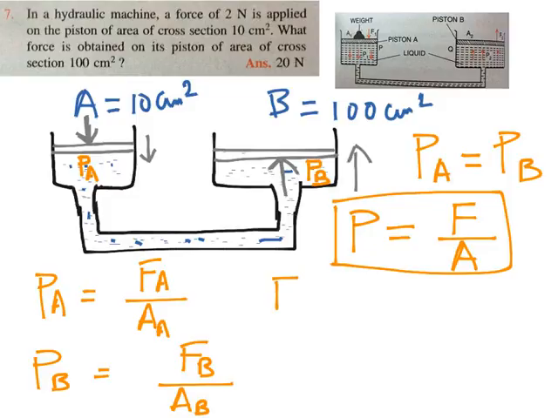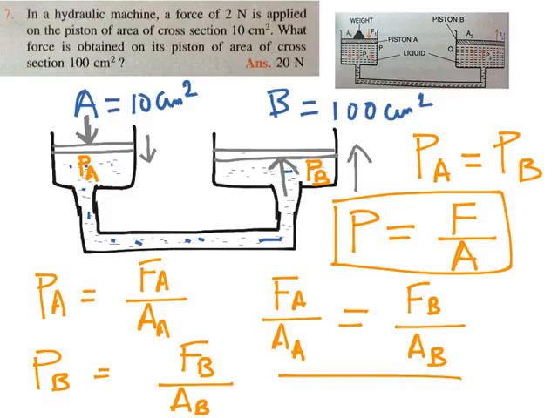So FA by area of piston A is equal to FB by area of piston B. This ratio is constant no matter how many points we take anywhere in this fluid. This pressure is constant everywhere according to Pascal's law.